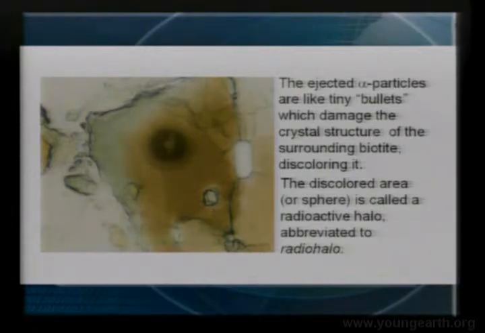Now, we see on the screen, this is in two dimensions, it just looks flat. But remember, the alpha particles are shooting out in every direction. It's actually a sphere of discoloration, and we've just sliced through it to look at it under the microscope and take this photograph.